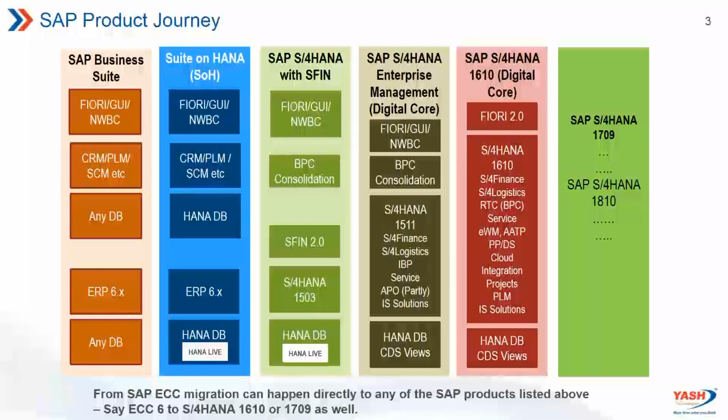Earlier, people had to be dependent on a third party or SAP BW for doing huge analytics, whereas with HANA Live they could do a lot of reporting straight away online.